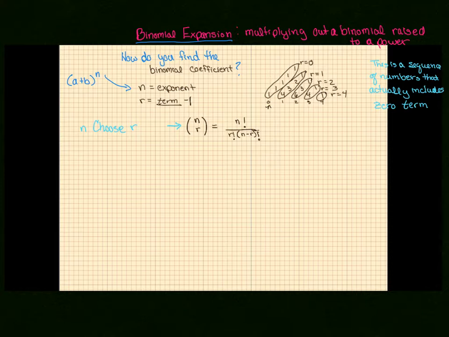Okay, so that's a lot of factorials. We also refer to this notation as n choose r, and this is an algorithm that exists on your calculator. You find it under your math probability option on your scientific calculator.